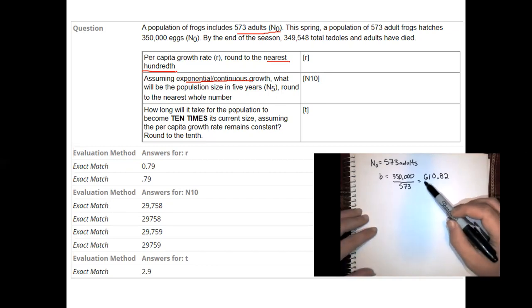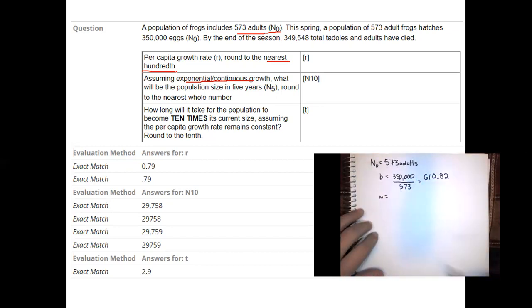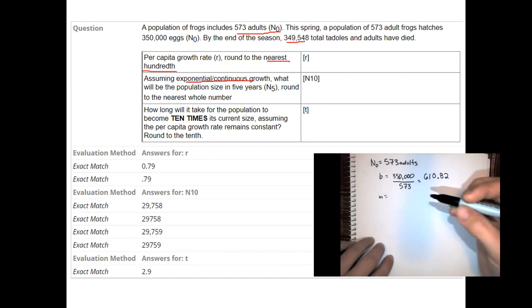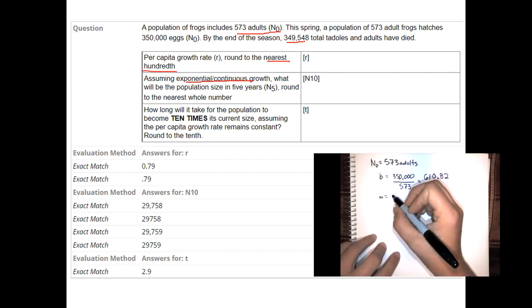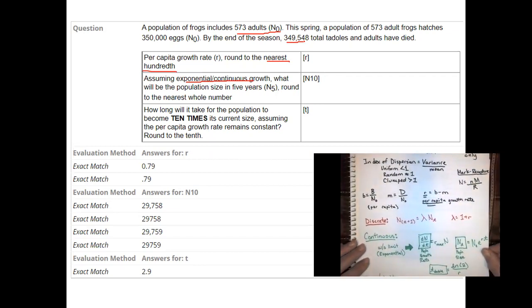So what this means is that for every individual, they're contributing almost 611 individual tadpoles. Pretty impressive there. The mortality rate, I tell you that collectively, out of the entire population, this many total tadpoles and adults have ultimately died. Once again, I just want to draw your attention back to this.